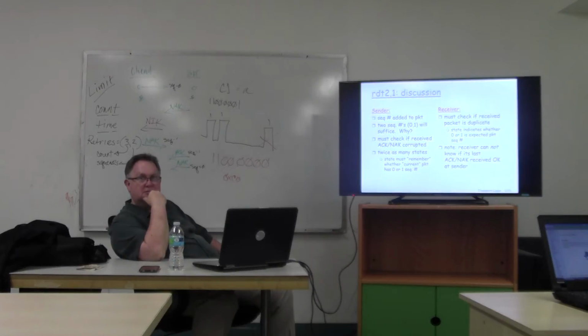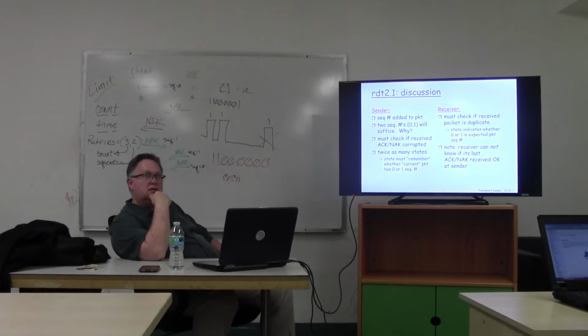Neither one. We have no idea. We think it's a duplicate because the sequence number is the same, but I've got two different checksum values. So which packet contains valid data? Not a clue. So what does our response have to be?